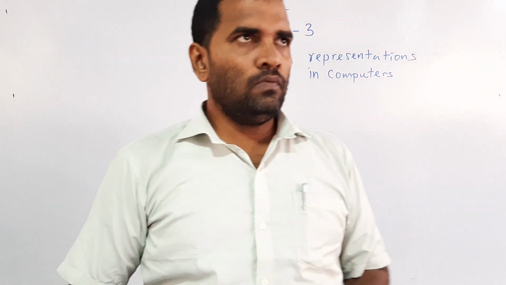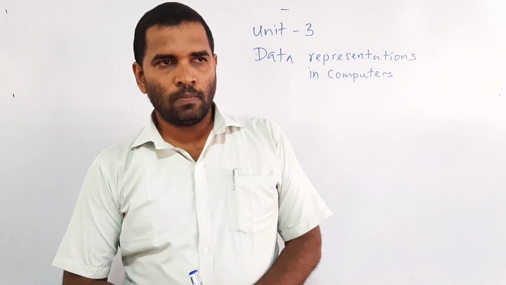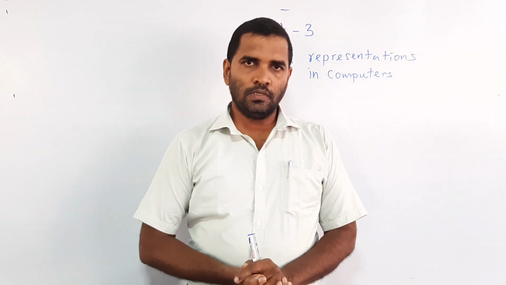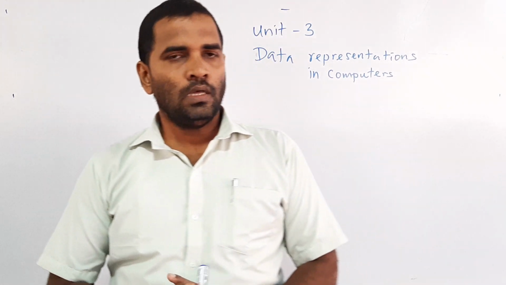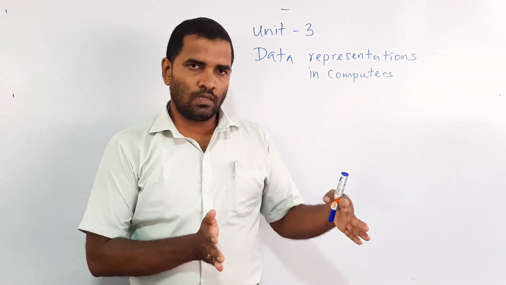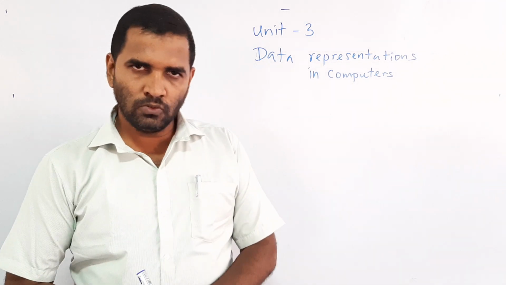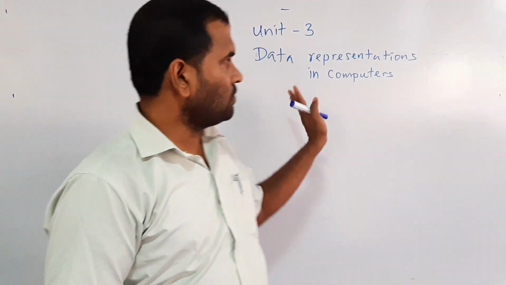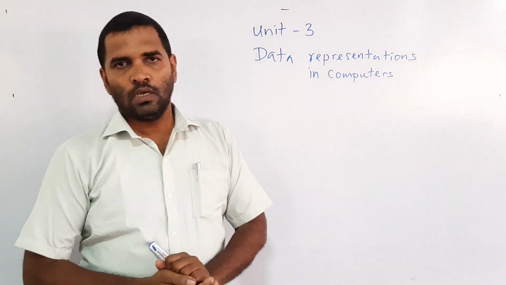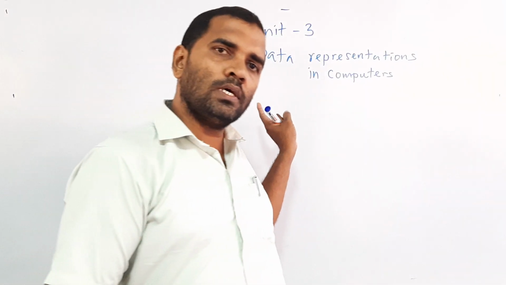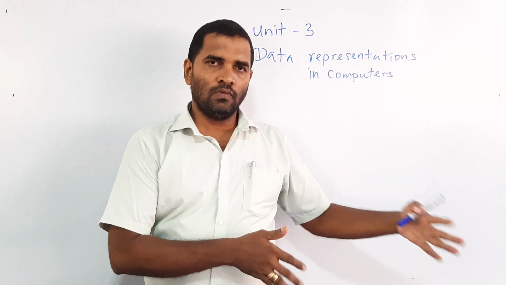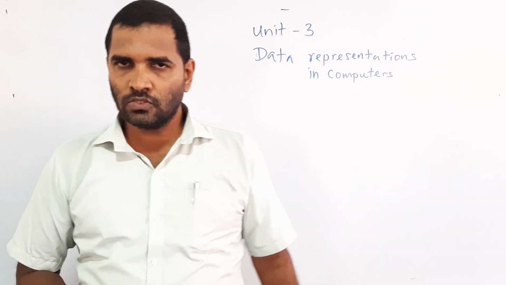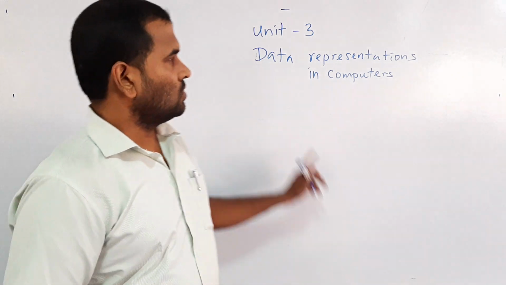So here we have to take how the data are represented in a computer, how the computer understands the data, and the numbers which we use in our day-to-day life. So we have to study so many things regarding numbers, even though the title seems to be a little different from what I have introduced. But remember, this is all about numbers.